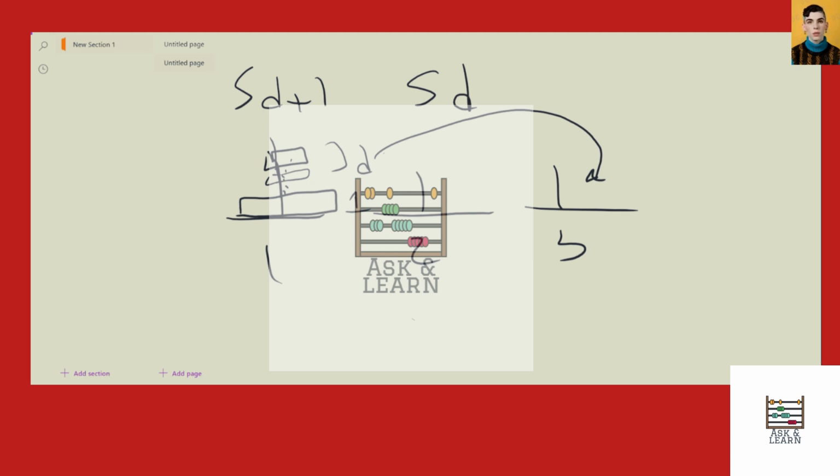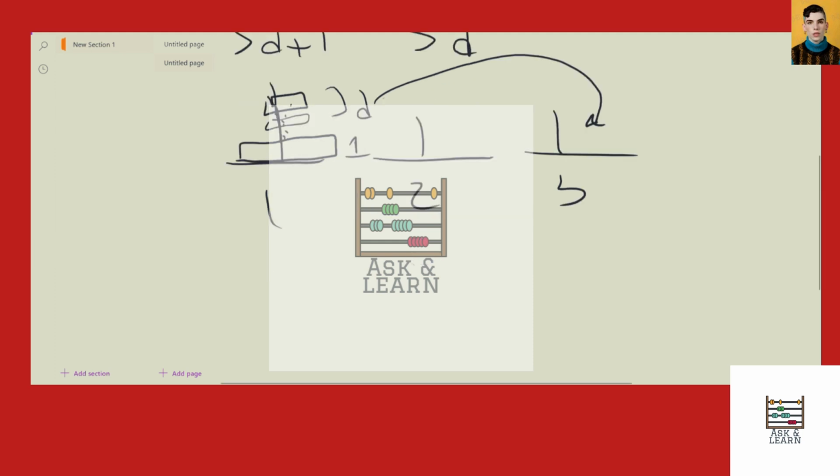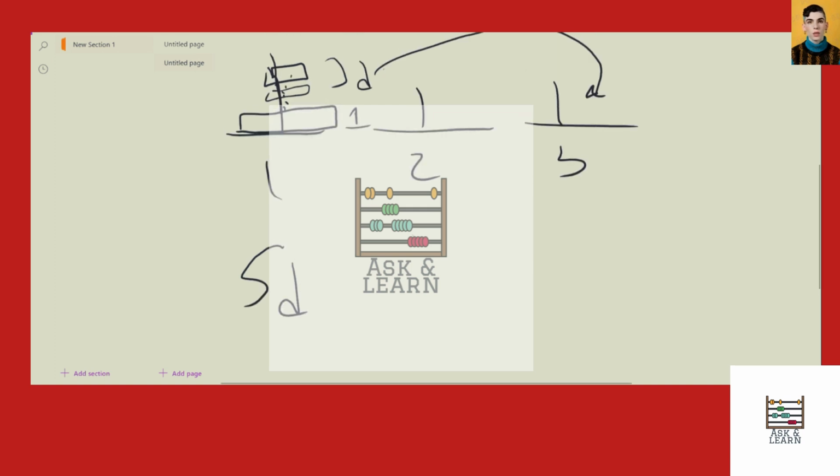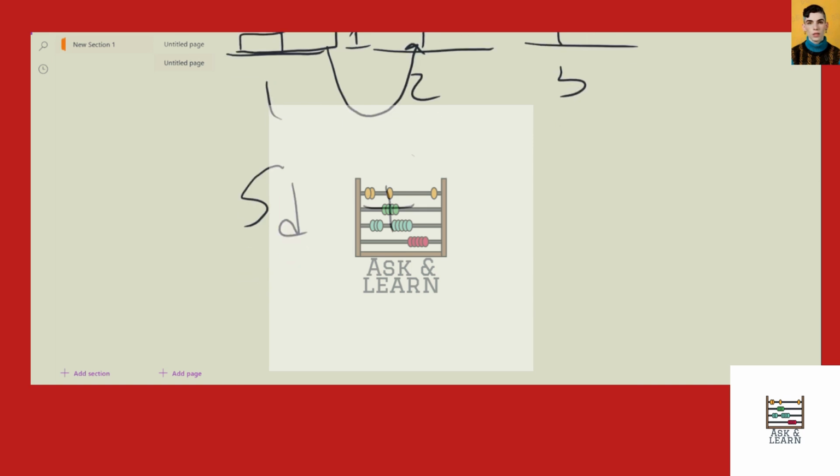The number of steps to do this is S sub D. And then you have to move the bottom disk from peg 1 to peg 2. So that's plus 1 move.